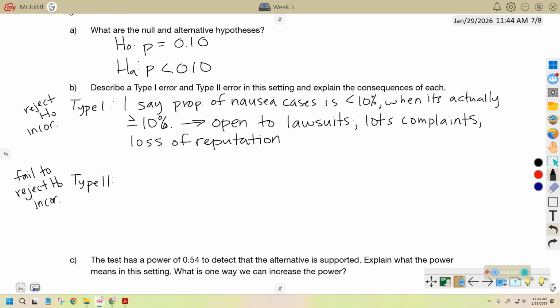All right, next, type 2 error. So I fail to reject when I should, and fail to reject means I'm accepting the null. So I say the proportion of nausea cases is greater than or equal to 10% when it's actually less.